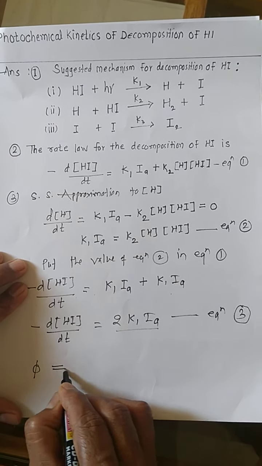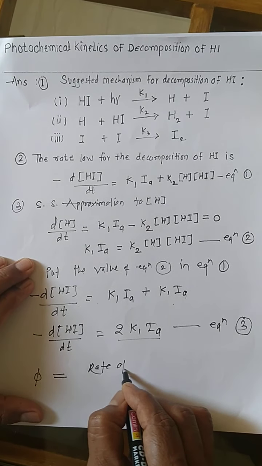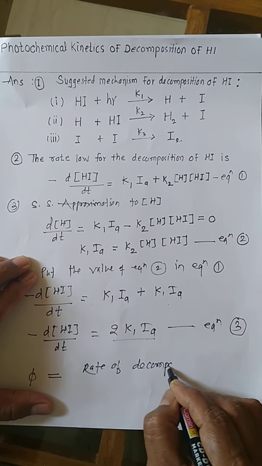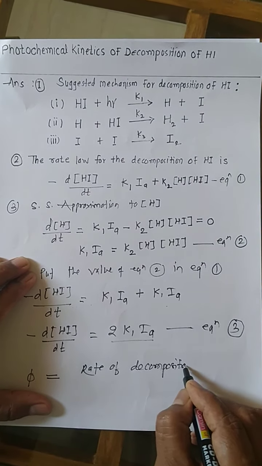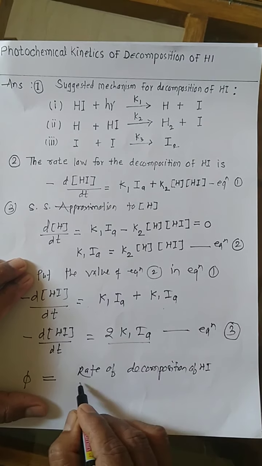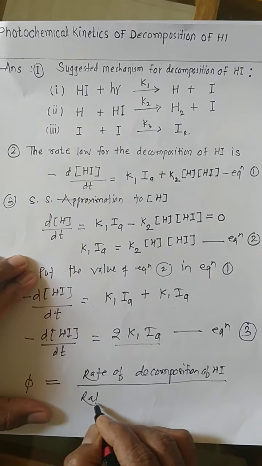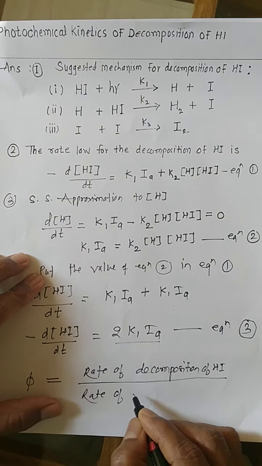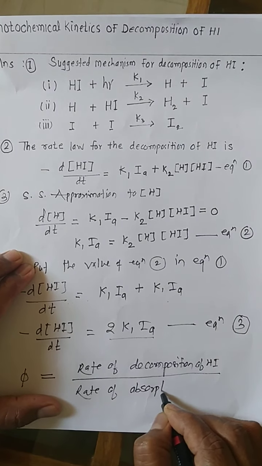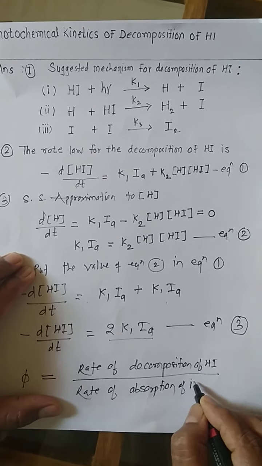The formula is: quantum yield is equal to the rate of decomposition of HI to the rate of absorption of intensity of light.